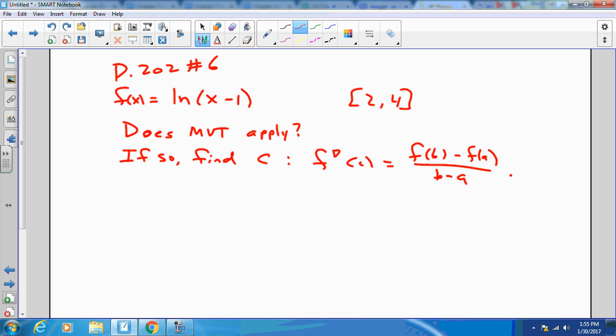MVT is a very common mathematical abbreviation for mean value theorem. That's what you went to, Claire? Yep. And it looks sort of like most valuable theorem, and that's actually kind of true. It's extremely useful.